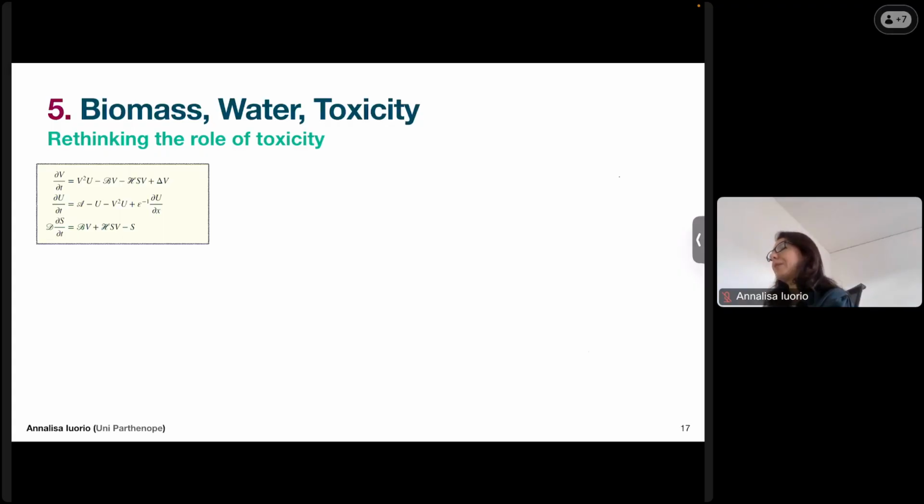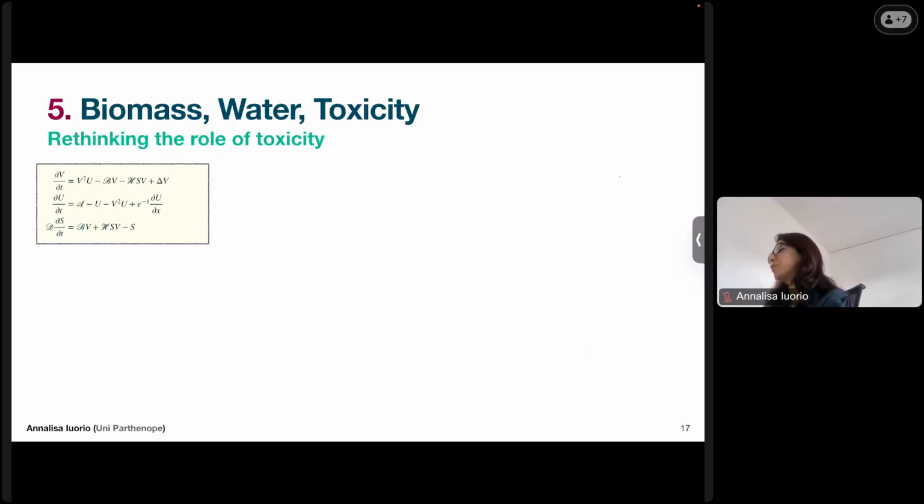You have something quite similar to what I've shown you before: the original Klausmeier-Gray-Scott plus ODE model in non-dimensional form. The only difference here is that in the equation for the non-dimensional version of the water, so for U, instead of having a Laplacian term also multiplied by epsilon, you have this advection term.